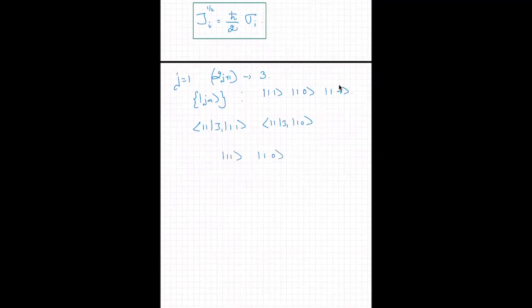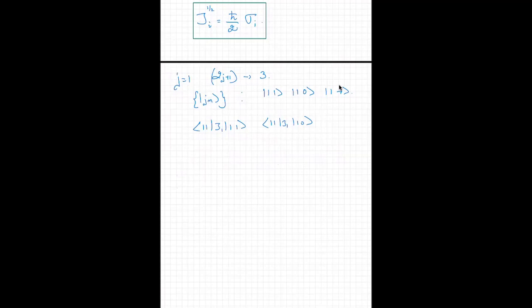So go down in M value like this: 1,0, 1,-1. So the first element would be the overlap of <1,1|J1|1,1>. The 1,2 would be the overlap of <1,1|J1|1,0>. And 1,3 would be <1,1|J1|1,-1>. And just like that, fill this up. Okay. Any other questions?